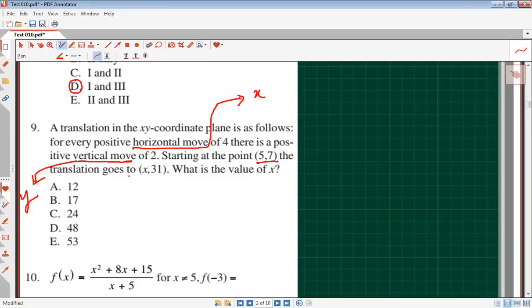The translation goes to s, 31. What is the value of s?